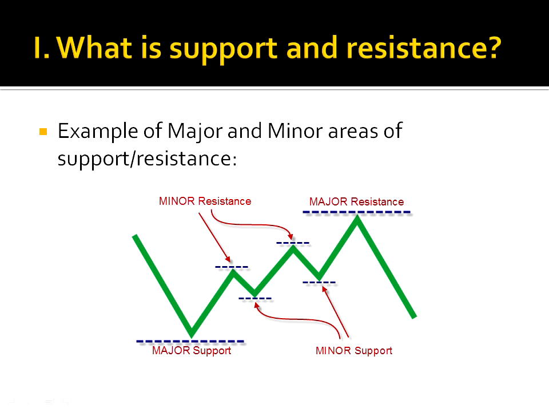Now, as it zigzags its way up from the support to the resistance, the highs and the lows made during this zigzag are minor areas of resistance, minor areas of support. And we can see them laid out by the dashed lines.